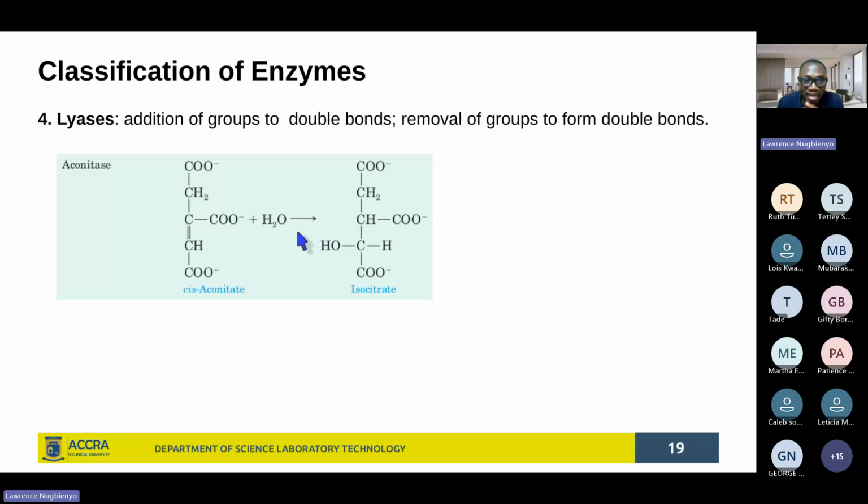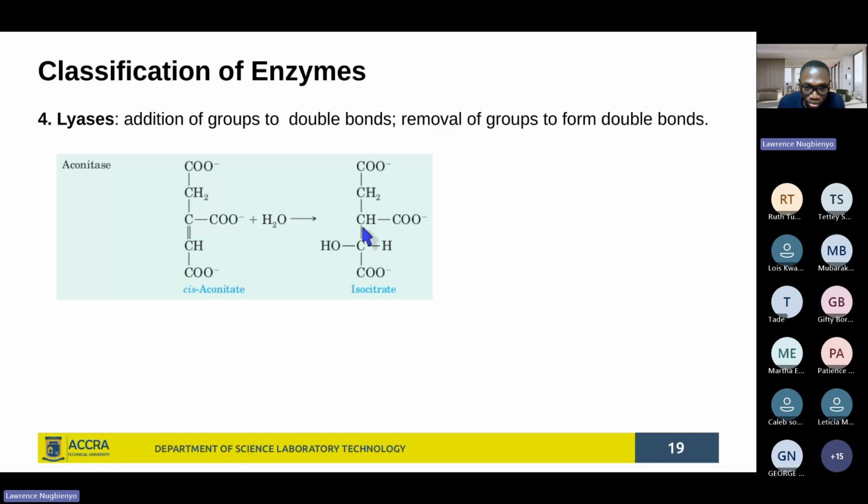So we say the lyases either will add groups to remove a double bond from a molecule, or will remove groups to add a double bond. If you look at cis aconitate, there is a C-C double bond here. That bond is gone.